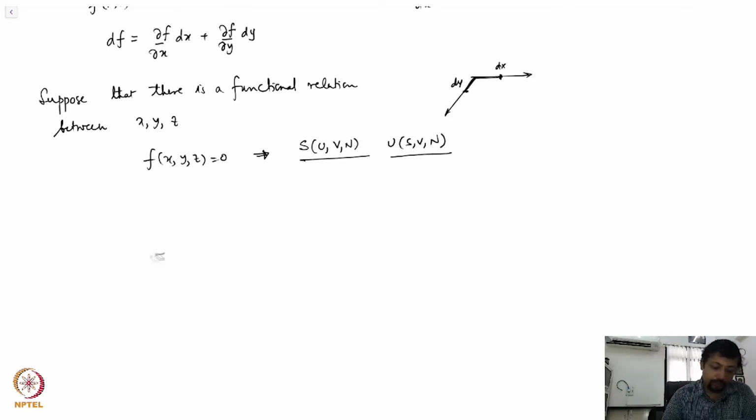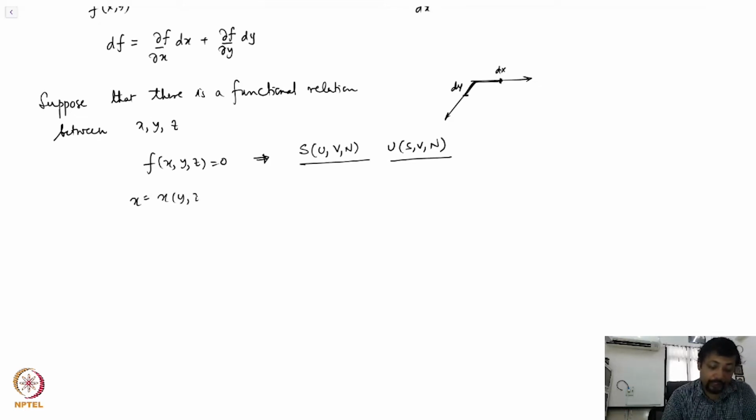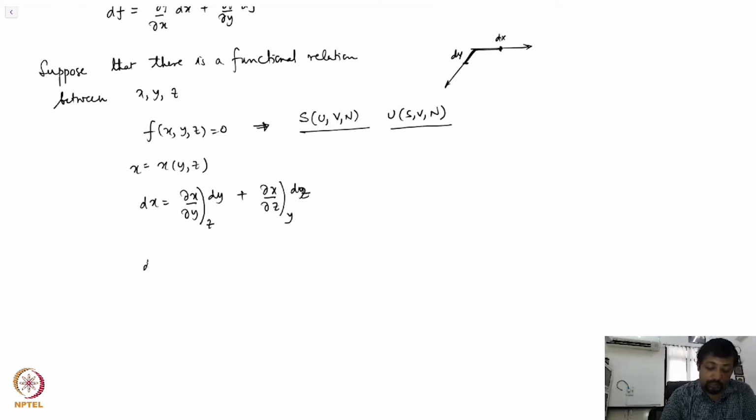So then, if x is a function of y and z, then dx is ∂x/∂y dy plus ∂x/∂z dz. Here z is held constant in the first term and y is held constant in the second. I can do the similar exercise in writing dy, where I will have ∂y/∂x dx plus ∂y/∂z dz.